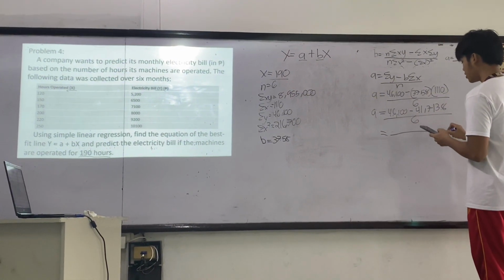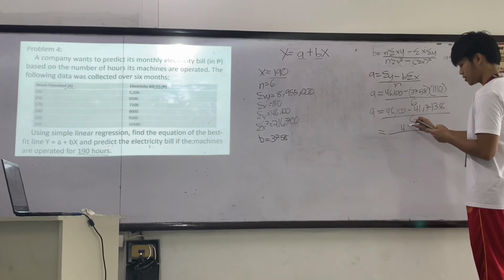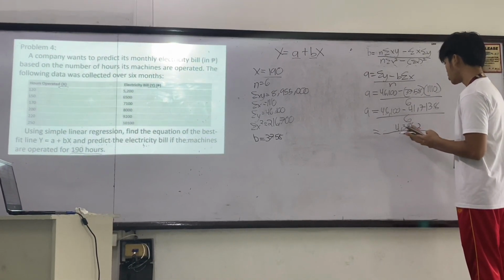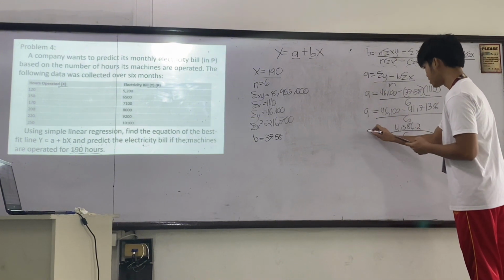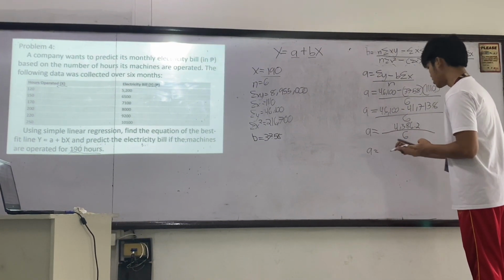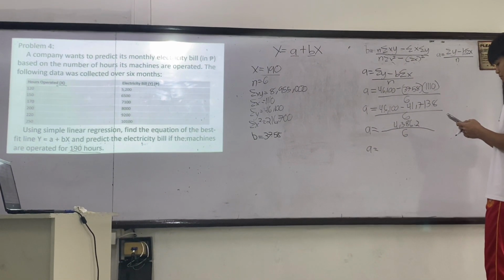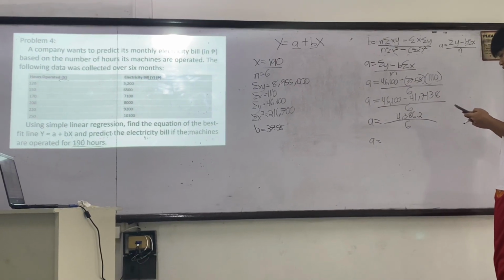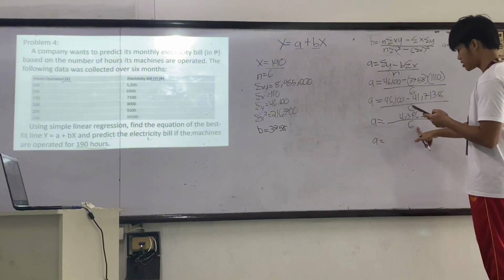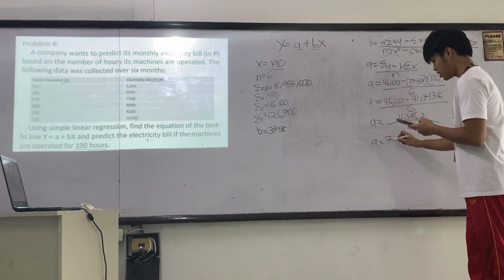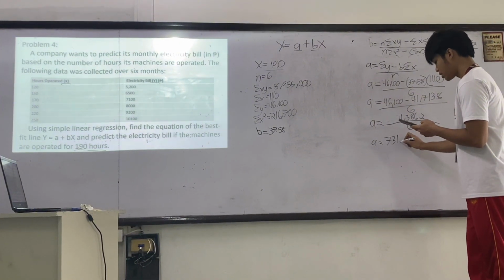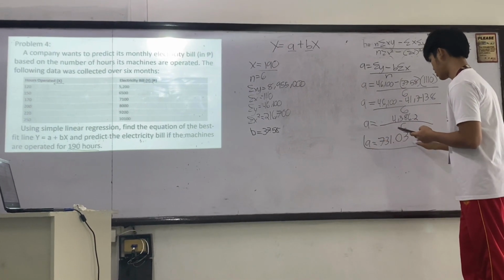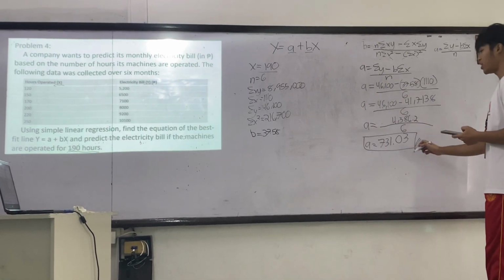You'll get the value of 4,386.2 divided by 6. So the final answer will be, 4,386.2 divided by 6 is 731.03. So this is the value of A.